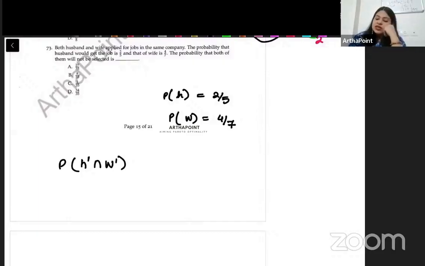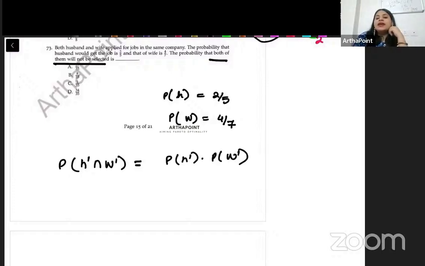So in this case, I want both of them not to be selected. So the husband should not be selected and the wife should not be selected. So this will be the probability of the husband not being selected into the wife not being selected, because these are independent events, right? So 1 minus probability of husband, 1 minus probability of wife.